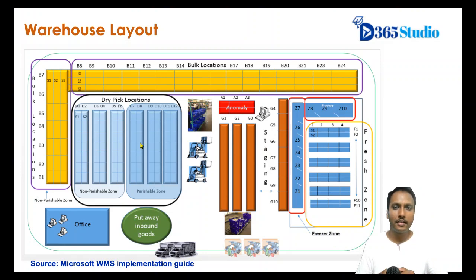This is something that came through the Microsoft AWMS implementation guide. So you got different location zones within the warehouse. You might have noticed it when you went to a retail store, that could be Walmart, or in India, Reliance Mart, or many other marts, the grocery stores.